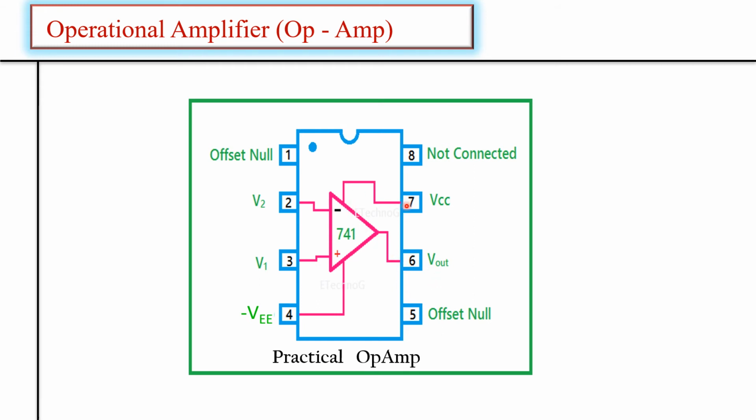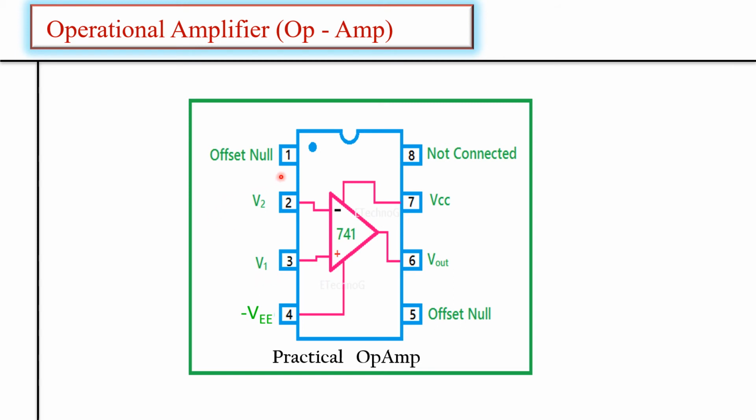Then the positive biasing voltage plus VCC is connected to pin number 7 and minus VEE is connected to pin number 4. Pin number 2 is the inverting terminal and pin number 3 is connected to positive. See, the positive mark means that it is the non-inverting terminal.